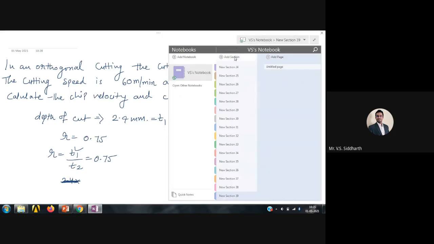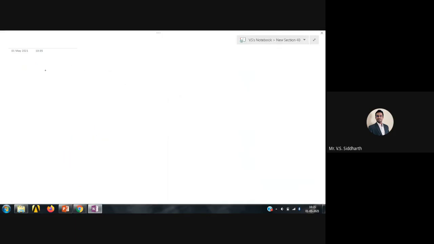Next, you want to calculate the chip velocity. So Vc upon V equals t1 upon t2 equals r, right? R is 0.75, equals Vc upon V. V is 60.